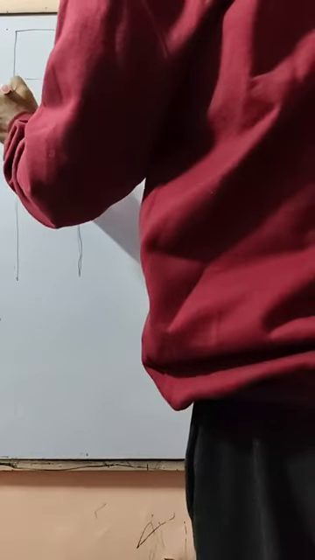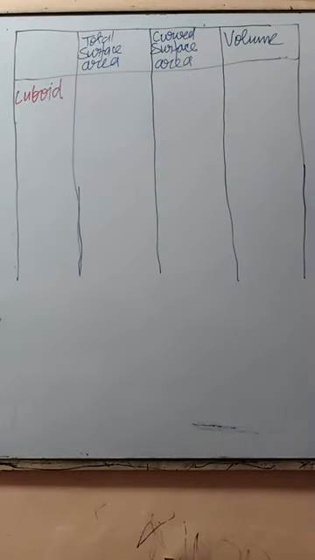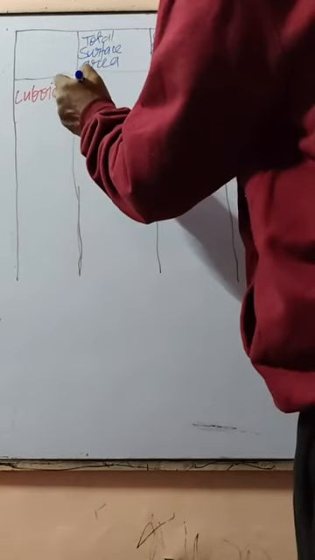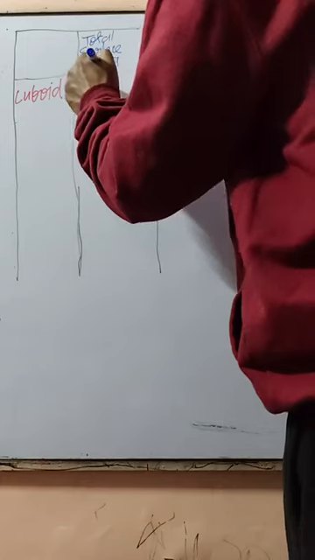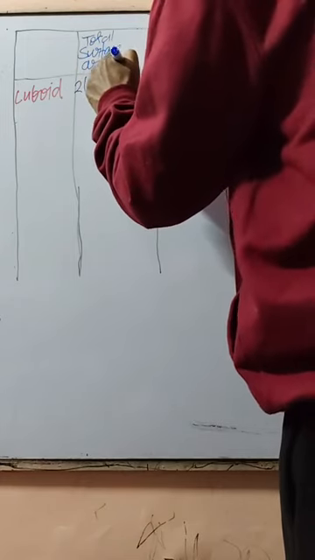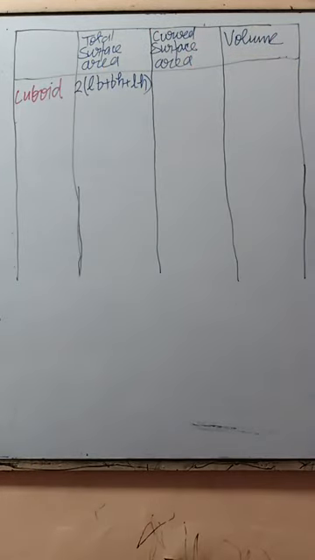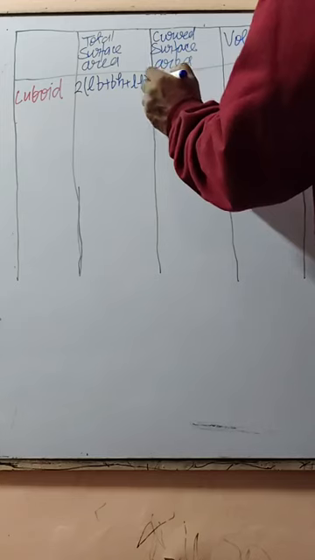So first we go with cuboid. Total surface area is 2 bracket LB plus BH plus LH. This is the total surface area of cuboid. Now curved surface area of cuboid.